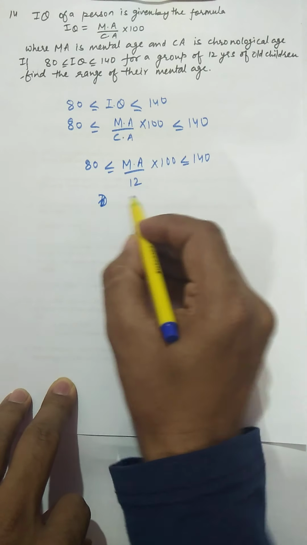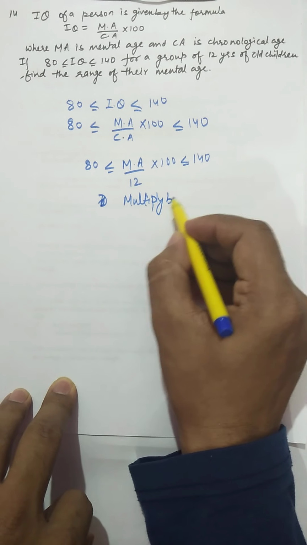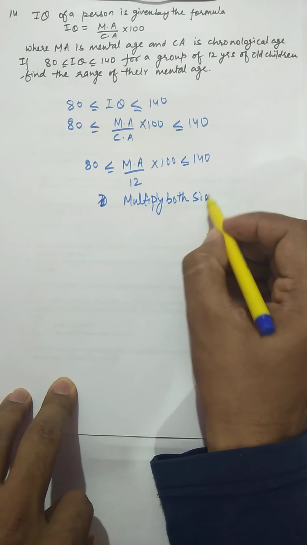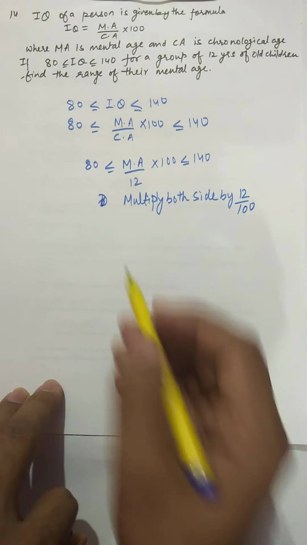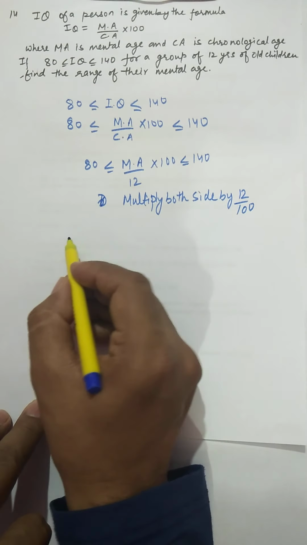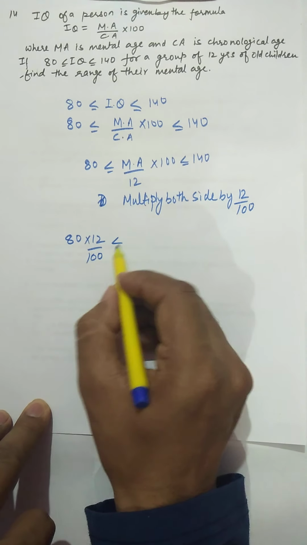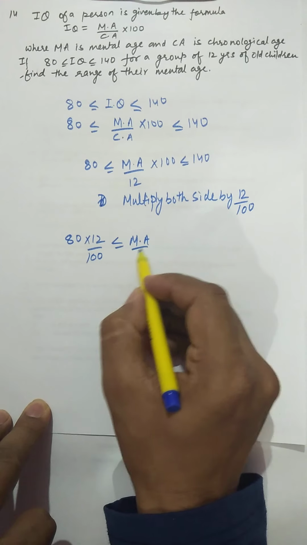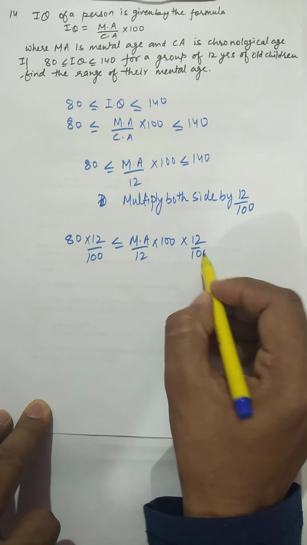So we can divide both sides, or you can say multiply also. So in one shot we can multiply both sides by 12 upon 100. If I do it this way, I can get the answer very easily. This is 12 upon 100, this is MA upon 12 into 100, and we are multiplying by 12 upon 100.